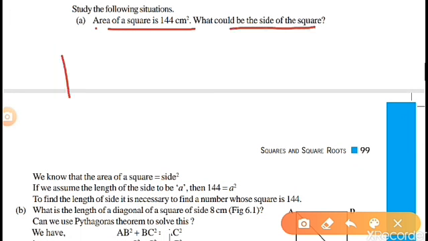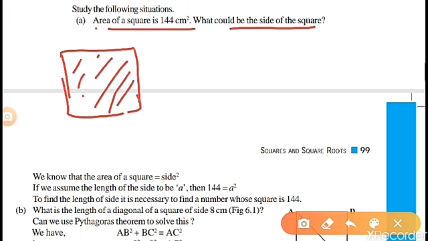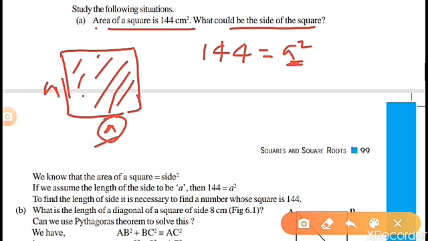We have a square whose area is given as 144 centimeter square, and we have to calculate its side, say a. We know the area will be a into a, that is a square. We have to calculate a, not a square. So if we want to calculate a, we have to take the square root of this number.